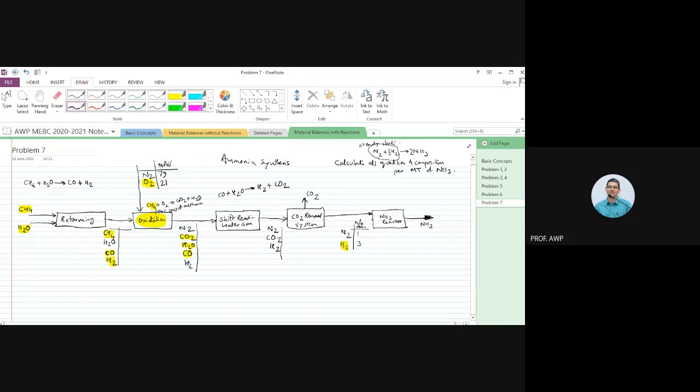That's why it is called partial oxidation. Is that okay? This is a simplistic picture because we are in the first year. Is that okay?